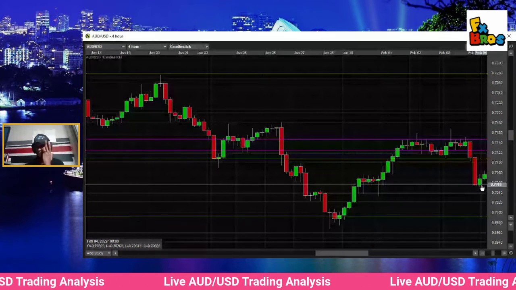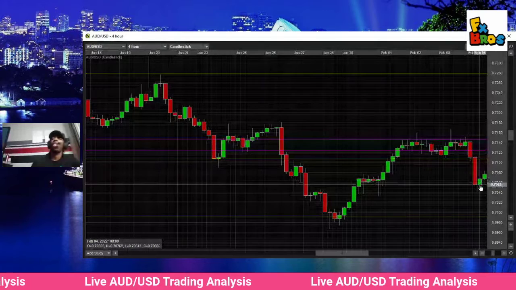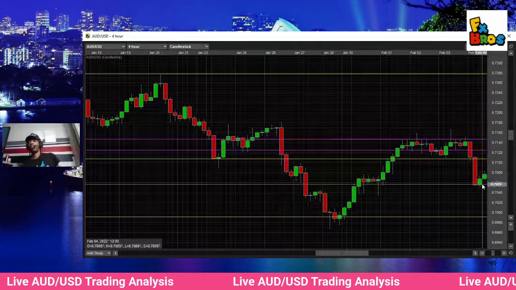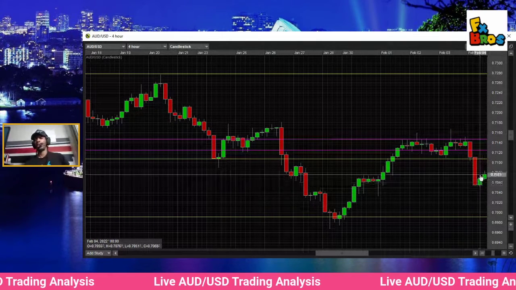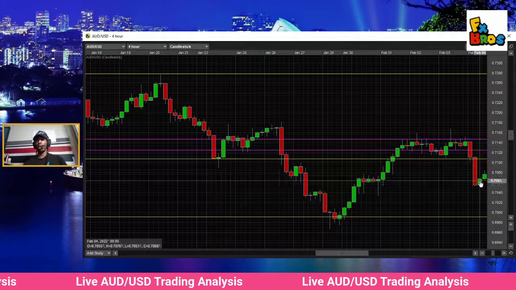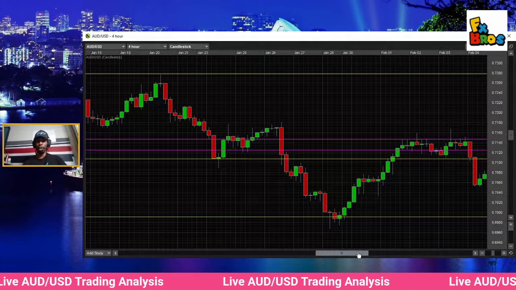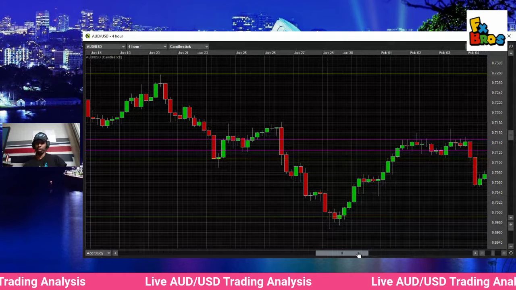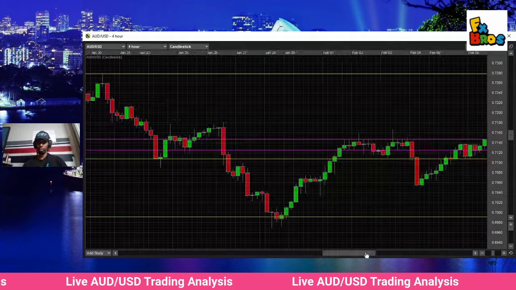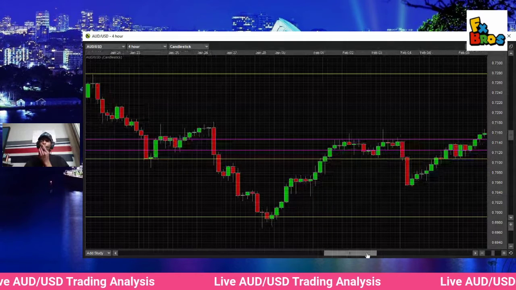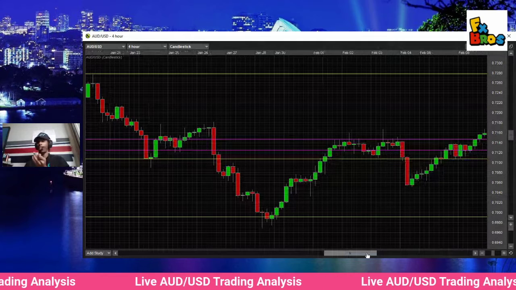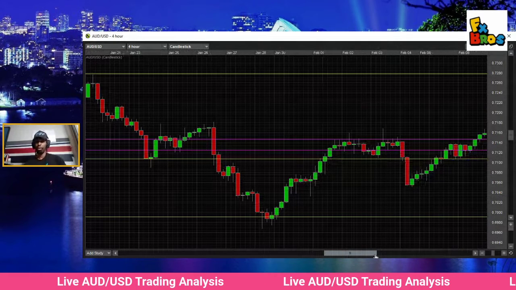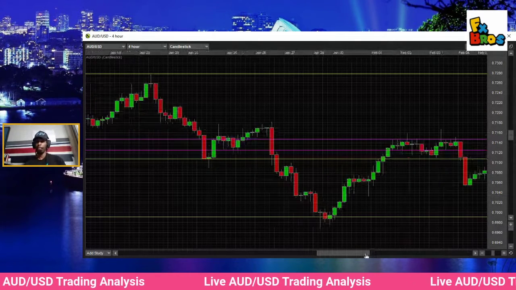You would have seen this on the hourly. You would have seen price already trying to turn around on the hourly, so you would have got out way before this 4-hour close. So we're going to go here, and that was Friday anyway.